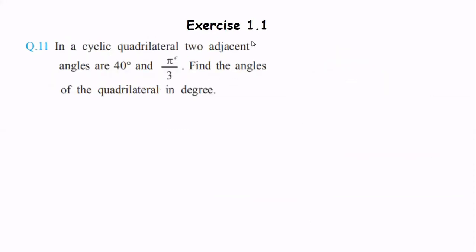Question number 11. Now this is interesting because we have got a cyclic quadrilateral. If you remember in 10th standard in the circle chapter, we learned what a cyclic quadrilateral is. So what is a cyclic quadrilateral? It's basically a circle in which a quadrilateral is fitted such that the vertices of the quadrilateral lie on the circumference of the circle. All four vertices should lie on the circumference of the circle. So let's draw one.